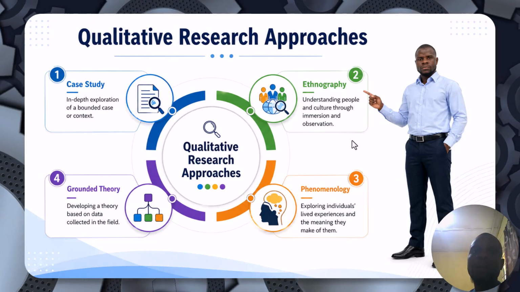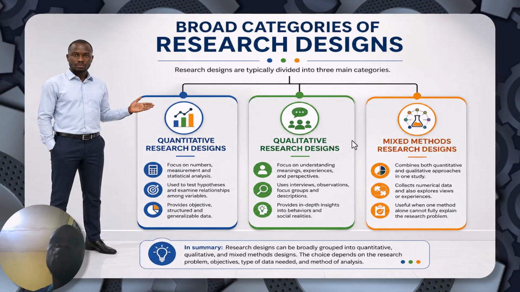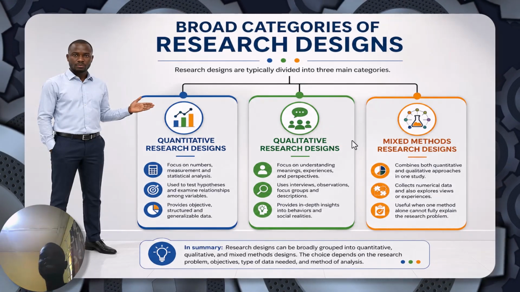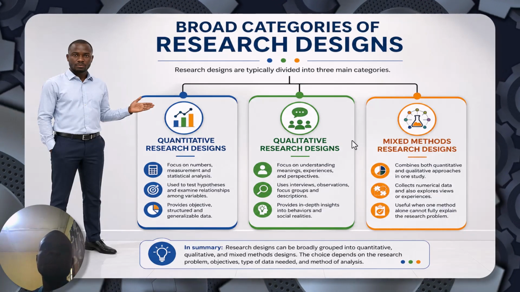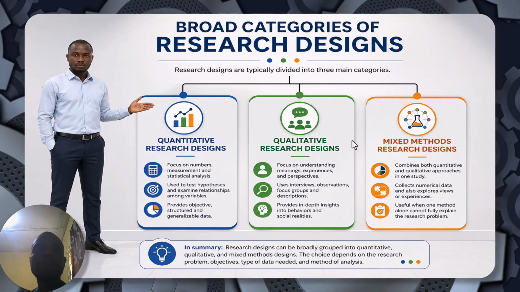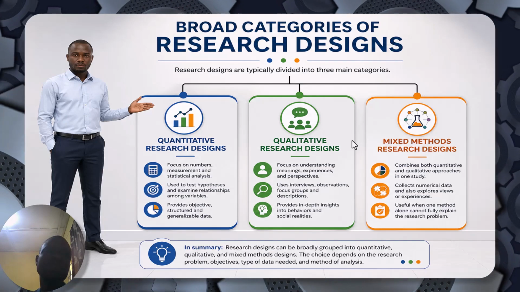Now, let us talk about mixed research design. Mixed method combines both quantitative and qualitative approaches in a single study. This means you can collect numerical data and also explore experiences or opinions.